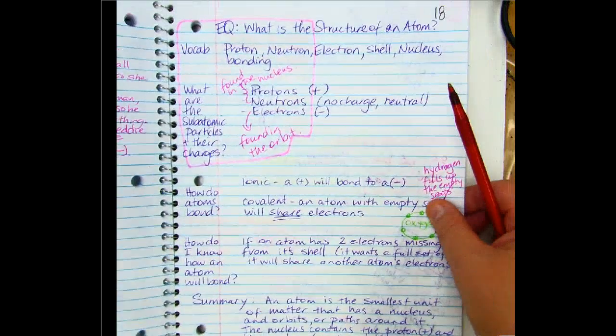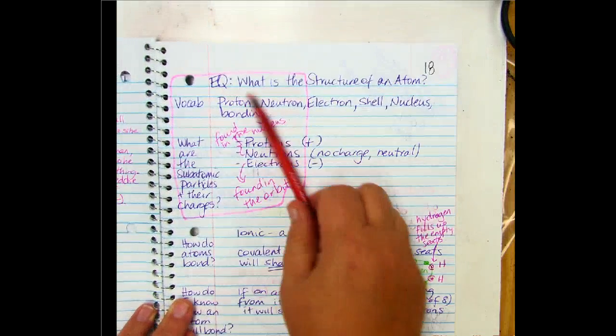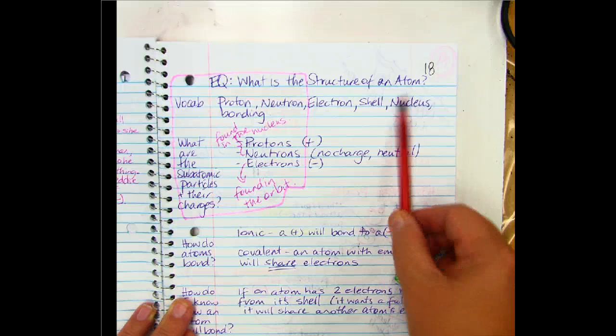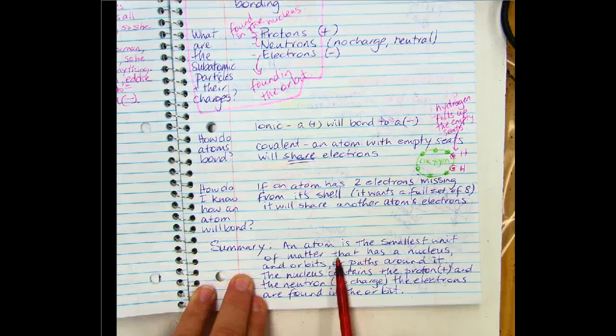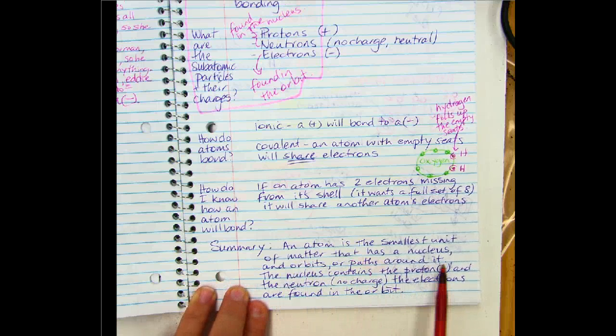For my biology students, another thing that I want to show you is an example of, okay, what is the structure of an atom is the question, and the summary says an atom is the smallest unit of matter that has a nucleus and orbits or paths around it.